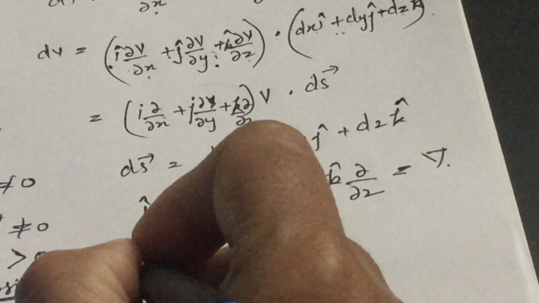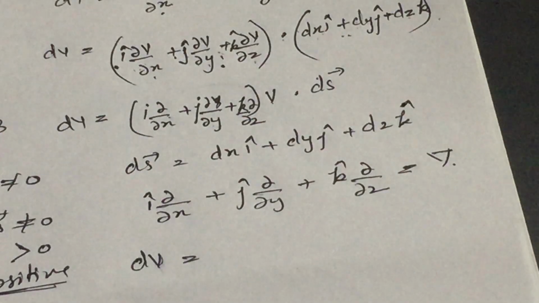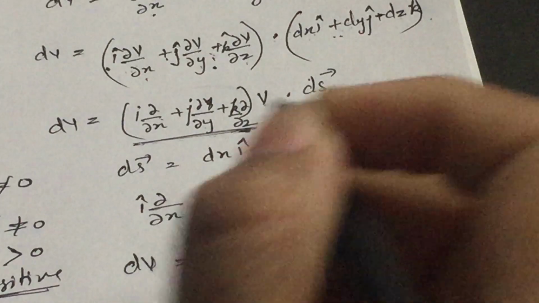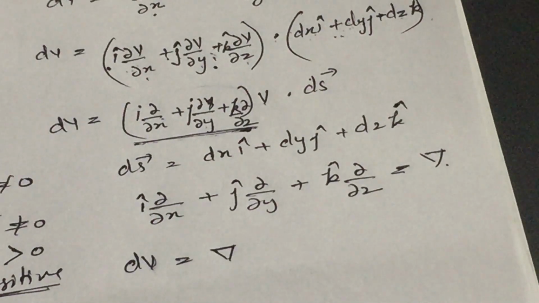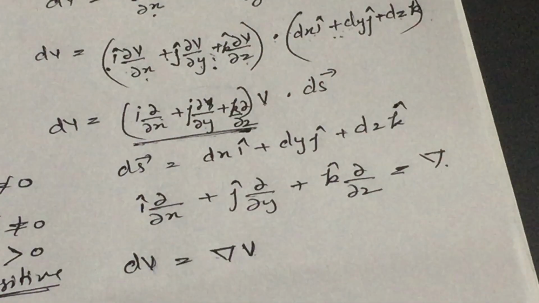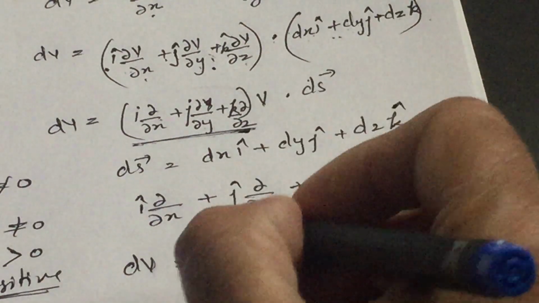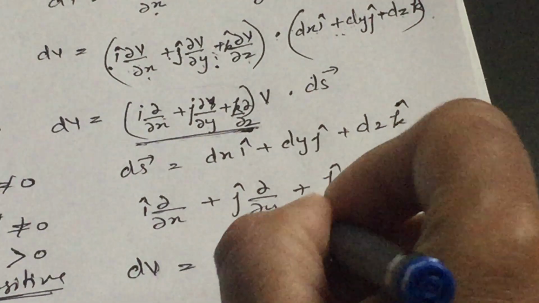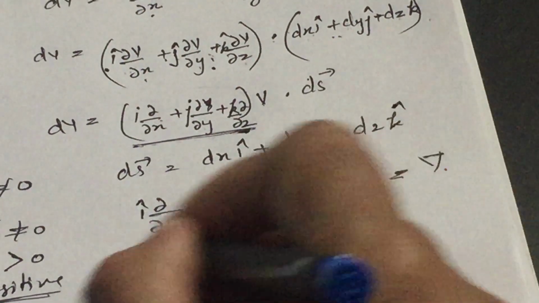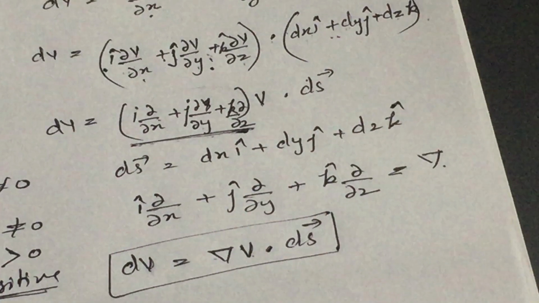So the change in potential energy from the above term, that is your del operator, can be written like this. With V, you are operating this del operator on potential energy and dot with the displacement vector. Hence, this is the change of potential energy.